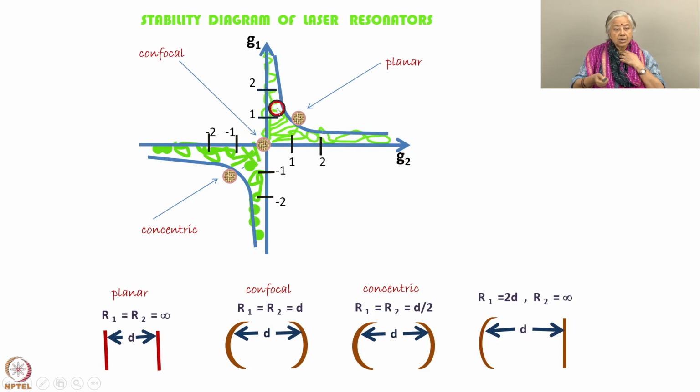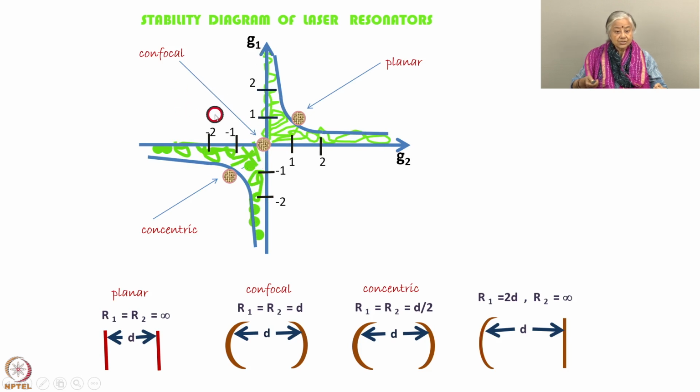And then there is a curve like this, and when you plot all those points you can even get a curve of this kind. Anything that falls within this shaded area, a bit of a jumbled up shaded area, is a stable resonator.